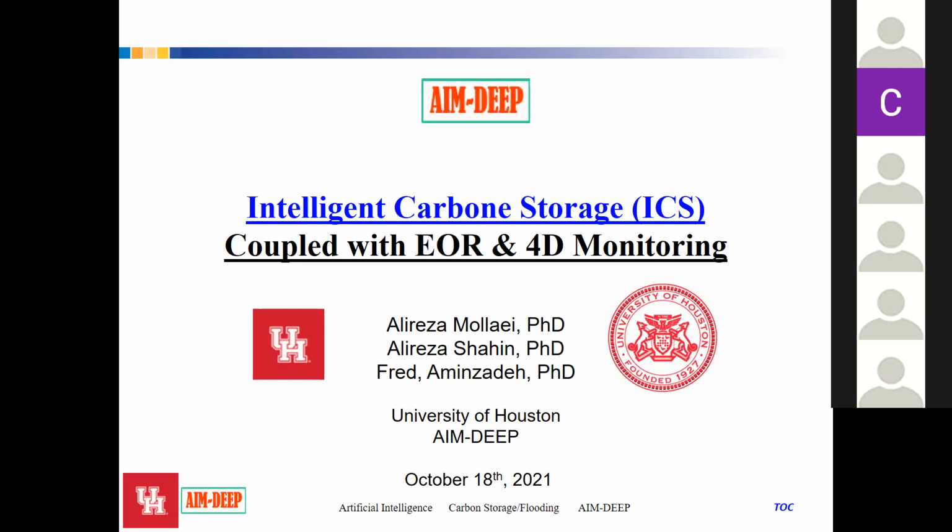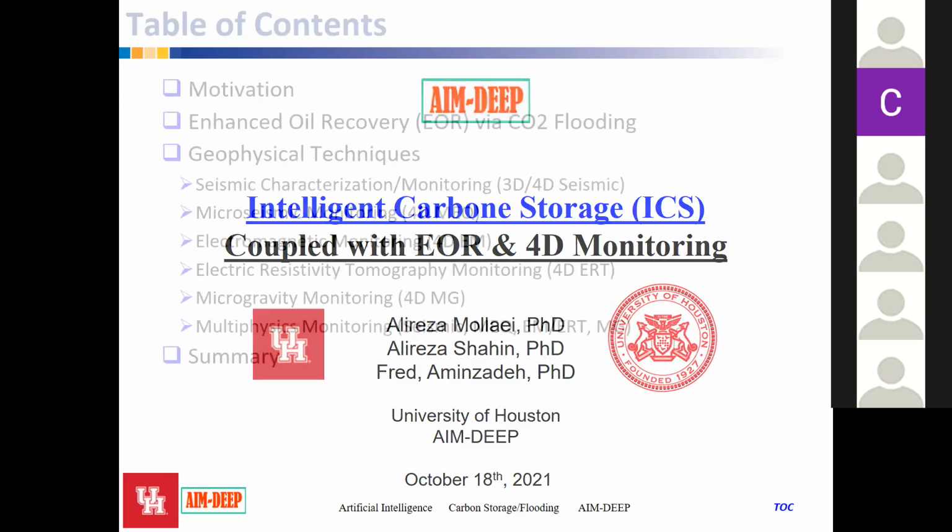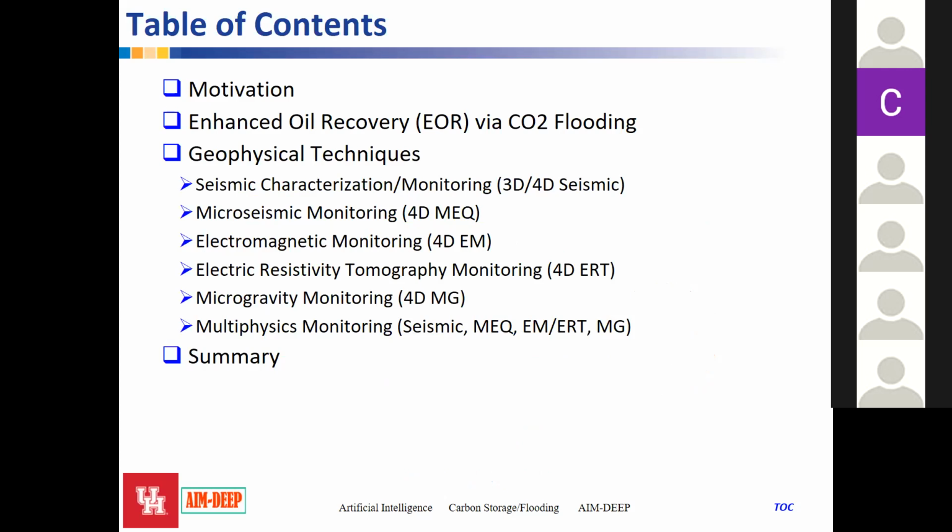So the topic we chose for you, I'm going to share with you in the next few slides, is focused on intelligent carbon storage, coupled with the benefits of EOR and also for monitoring. We're going to start with the motivation of this work, and then continue with enhanced oil recovery coupled with carbon storage.